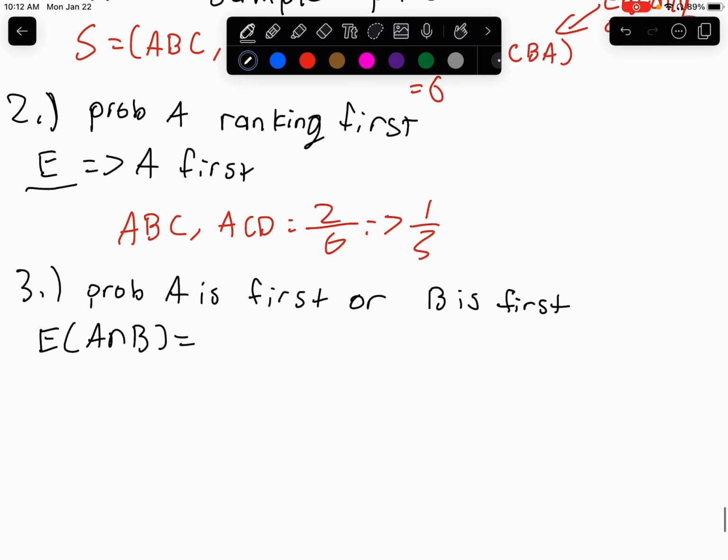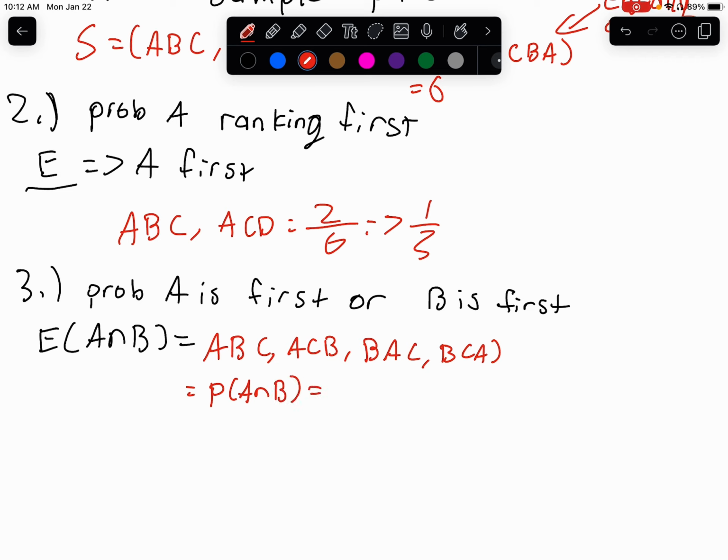We can define this as A, B, C, A, C, B, B, A, C, B, C, A, which equals the probability of A union B. So we have 1, 2, 3, 4, so we have 4 over 6, which can be written as 2 over 3.